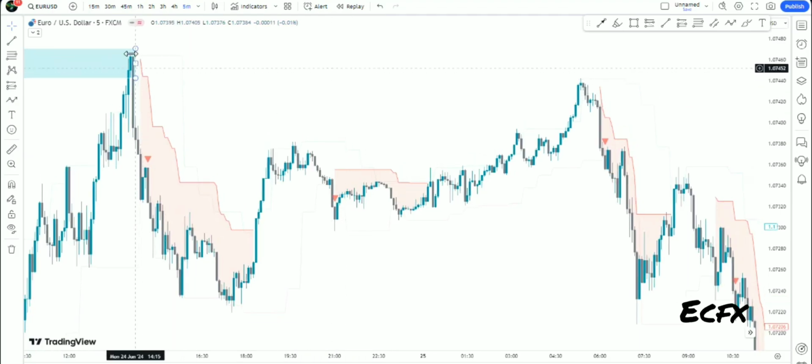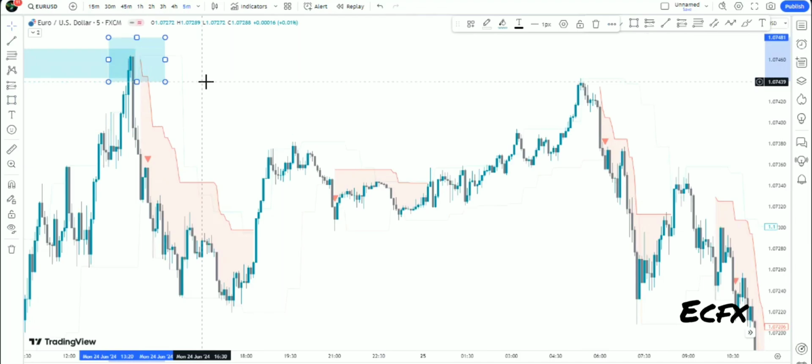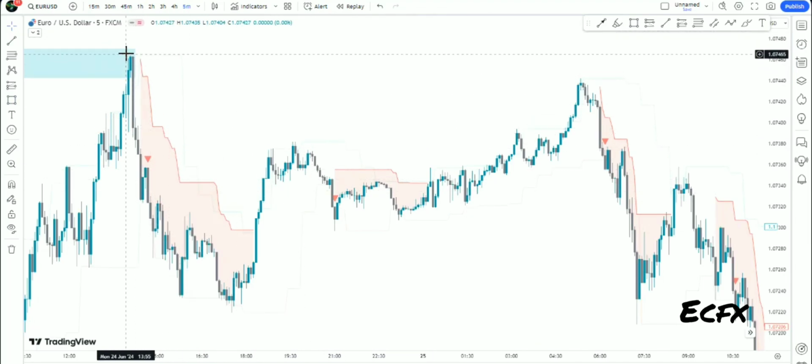As you can see, from the higher time frame point of interest, we can clearly see that price is interested in turning around, along with the super trend indicator that indicates to us that price is interested in turning around, as well as the 5-minute indicator.